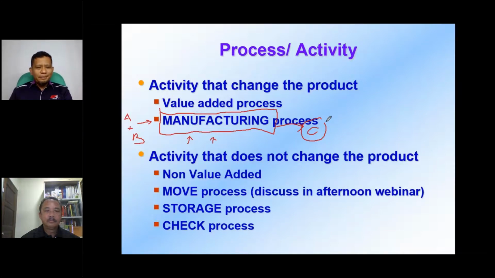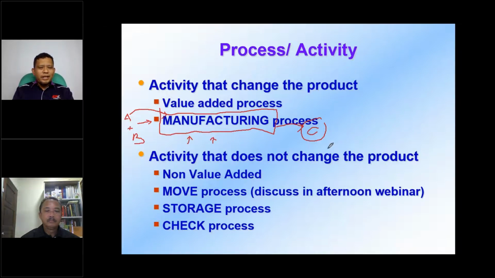So this is considered the manufacturing process. Other than that, for example, when we want to feed this chemical A into the reactor, this is a process that doesn't change the physical nature or the characteristic of the product.